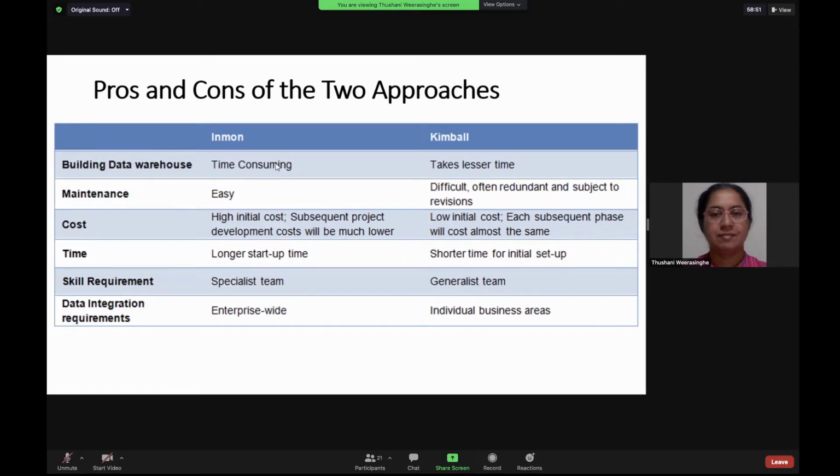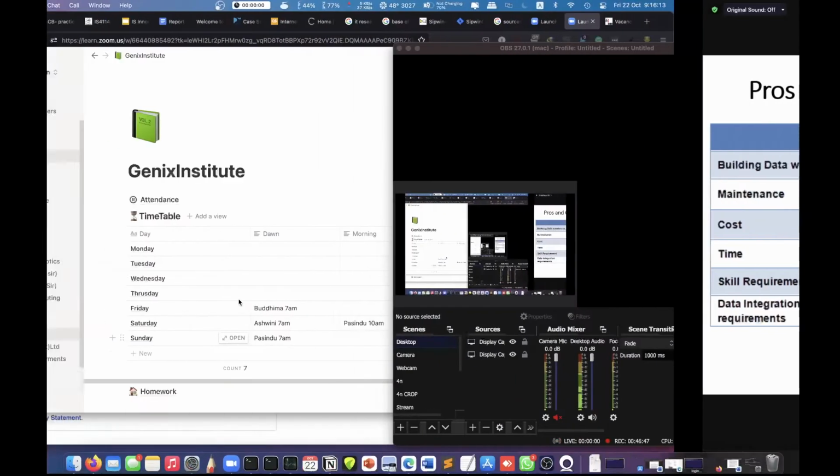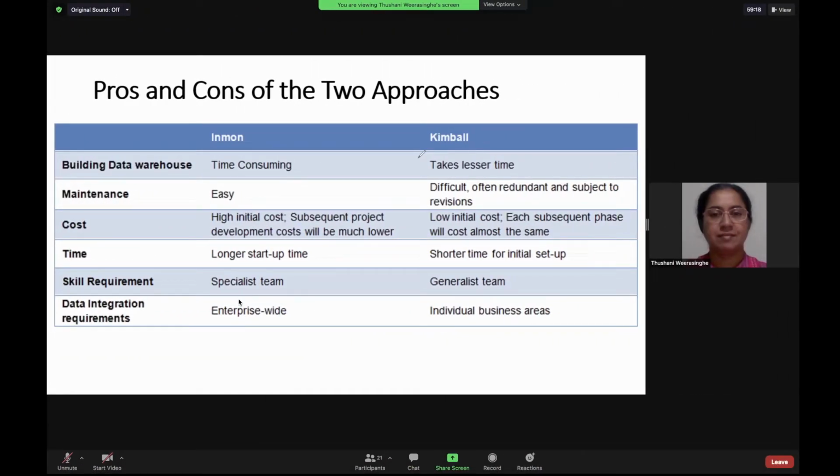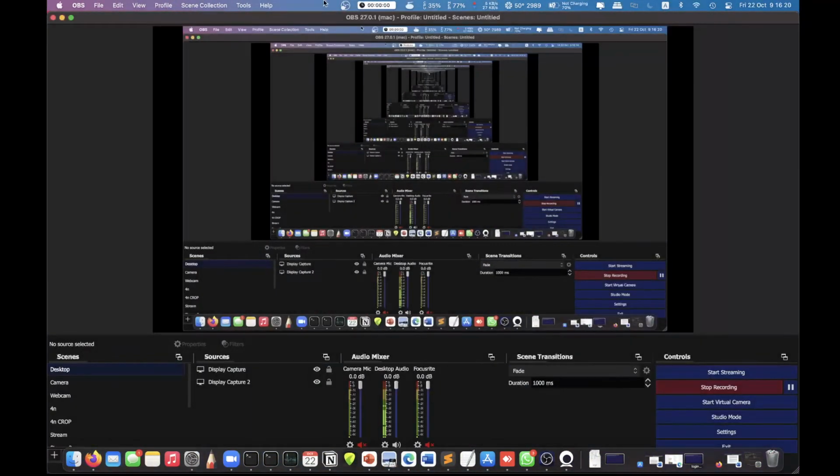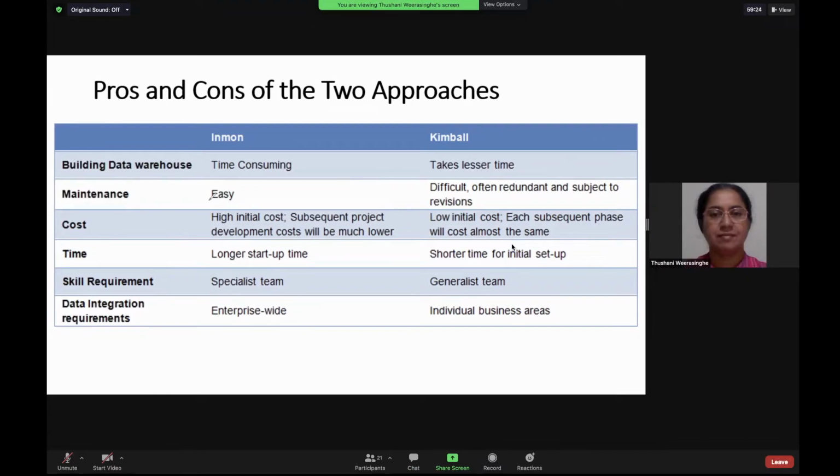Building a data warehouse with Inmon takes a long time. Why? Because you first have to start developing the data warehouse, then you go for the data marts. But Kimball's approach is talking about data marts first, so that takes less time, because you can start developing data marts and then easily combine them. Maintenance-wise, Inmon's approach is much easier because you have one centralized data warehouse and you only have to maintain that one.